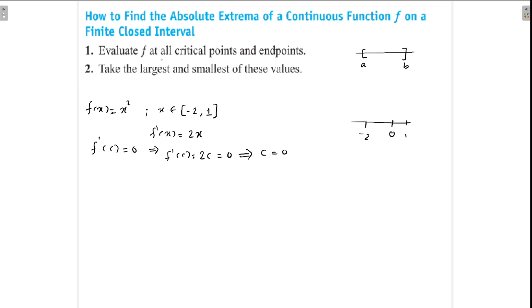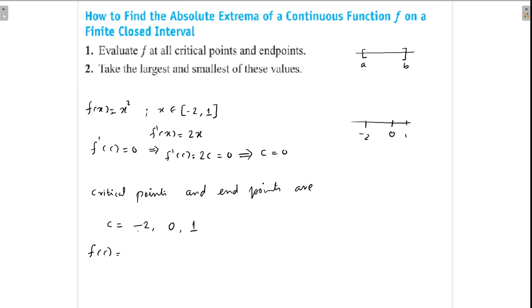So the first step is to evaluate all critical points and endpoints. The possible points are c equal to -2, which is an endpoint, 0, which is a critical point, and 1, which is also an endpoint. Evaluate f of c at all of these points.